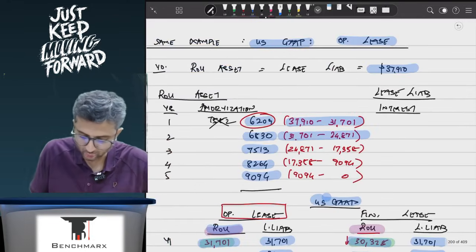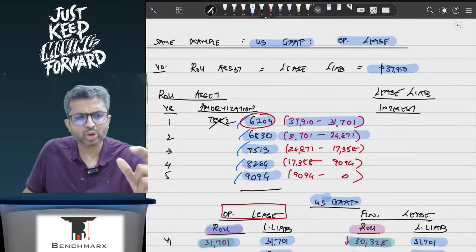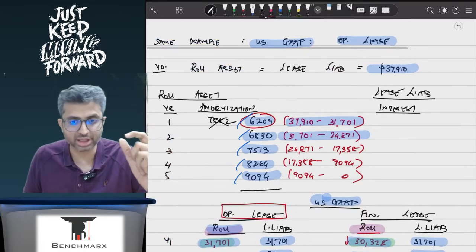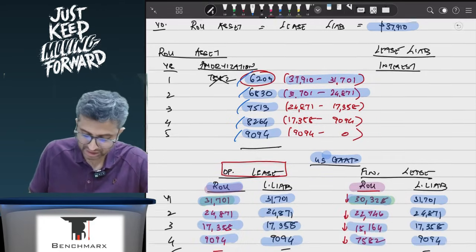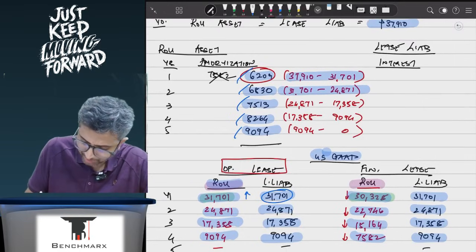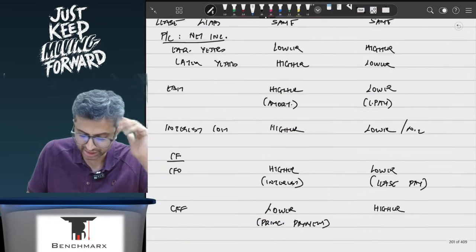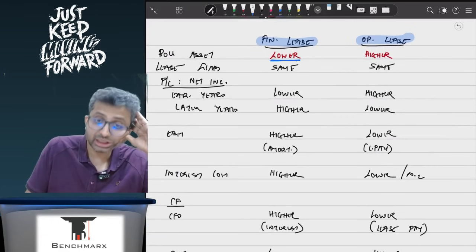Earlier it was 6,200, then it became 6830, 7513 and so on. So initially there is relatively lower amortization in case of operating lease, and thereby your right of use asset is relatively higher over here as compared to over here. And hence right of use asset will be lower in case of finance lease.